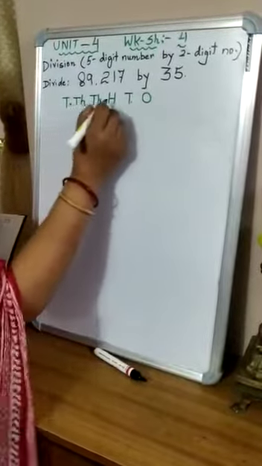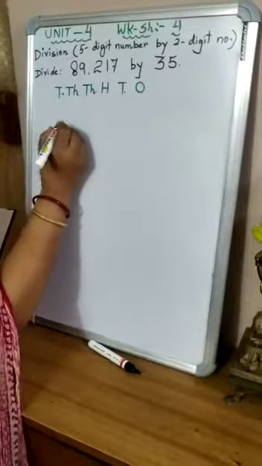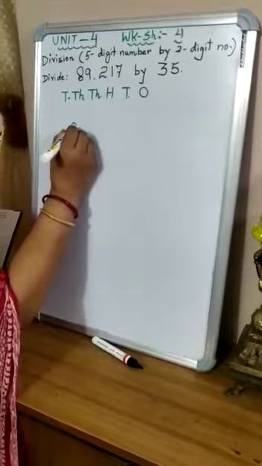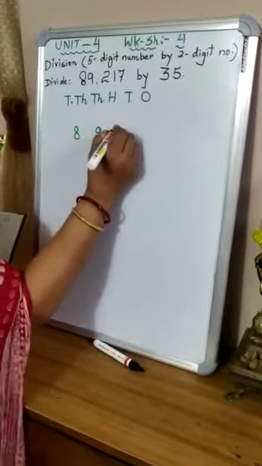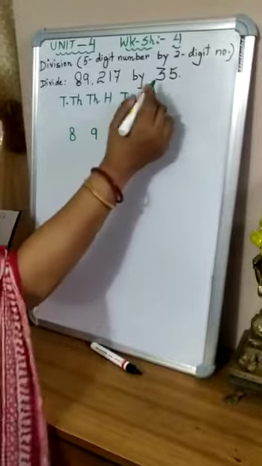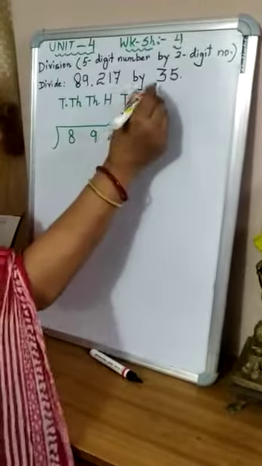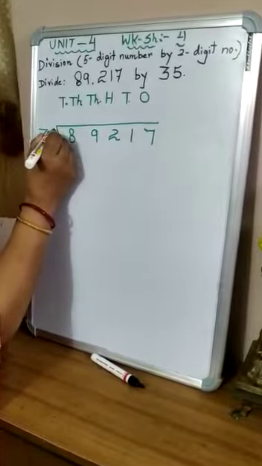So 5 digits, 5 place values. Now I am inserting this dividend in the place value chart: 8 ten thousands, 9 thousands, 2 hundreds, 1 ten and 7 ones. It will be divided by 35, which is a 2-digit number.